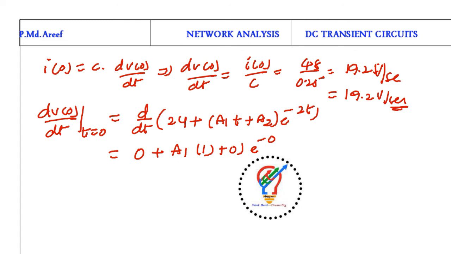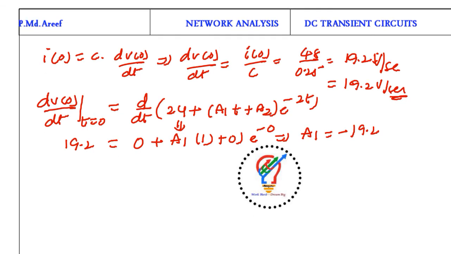From this you will get 19.2, so that implies a1 is equal to minus 19.2.